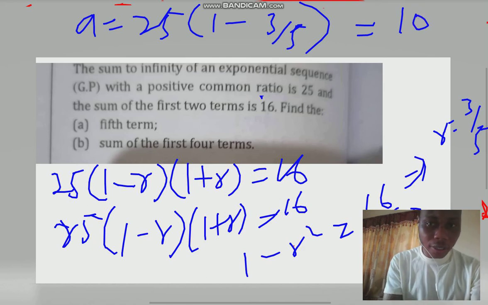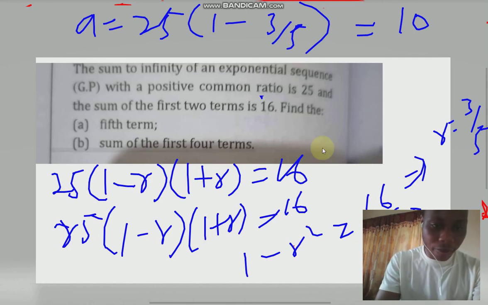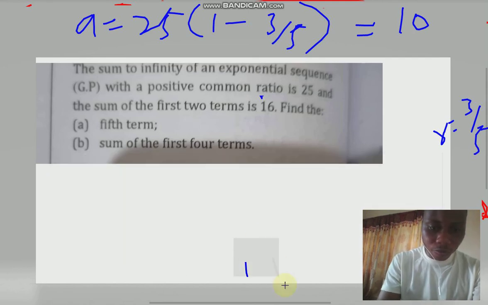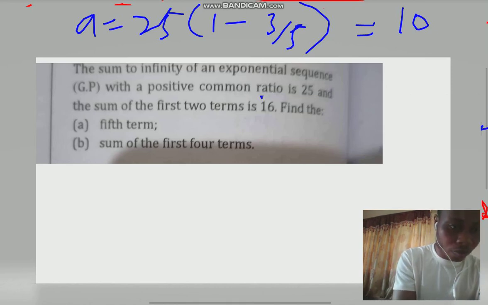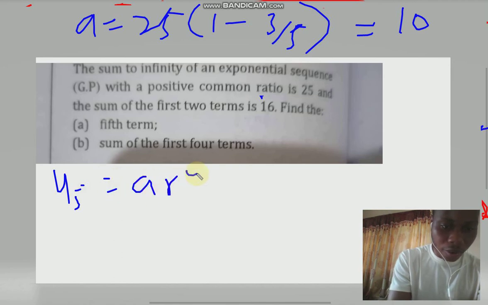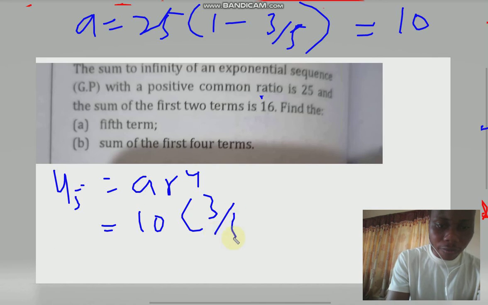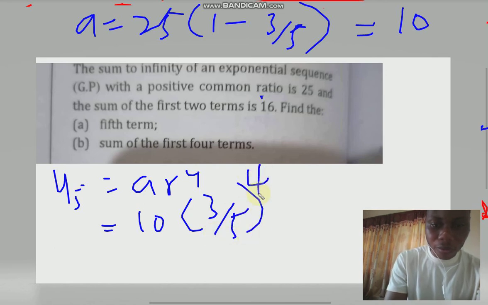Okay, so let's tackle this one now. The fifth term. How do we get a fifth term? You all know that our fifth term is just ar to the power 4. Our a is 10, our r is 3 on 5 to the power 4.